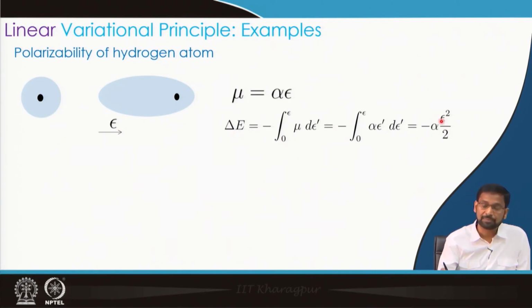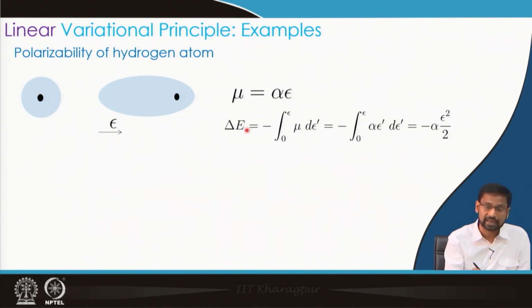So, if the property of the system that I am interested in can be connected to the energy, then it is a good thing to have. The question that we have to answer is, to obtain the polarizability of this hydrogen atom, we have to see how much the energy of this hydrogen atom changes when I am subjecting it to this electric field.